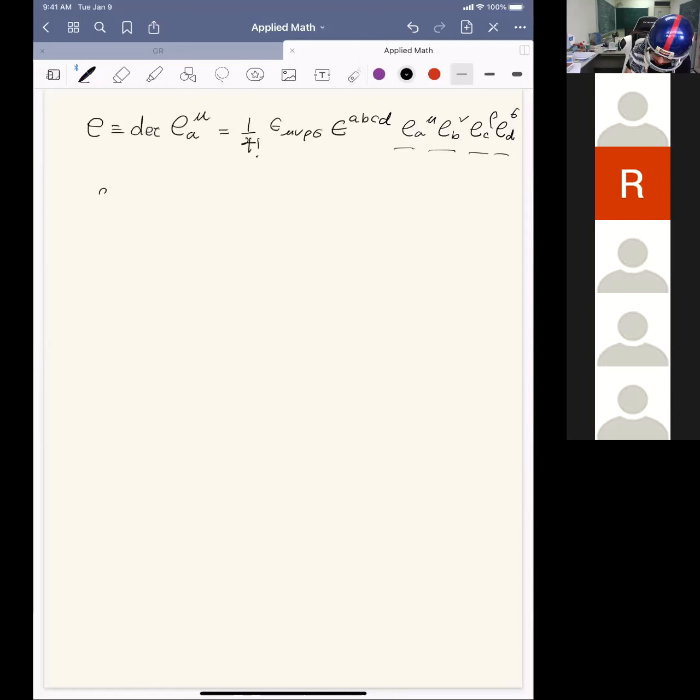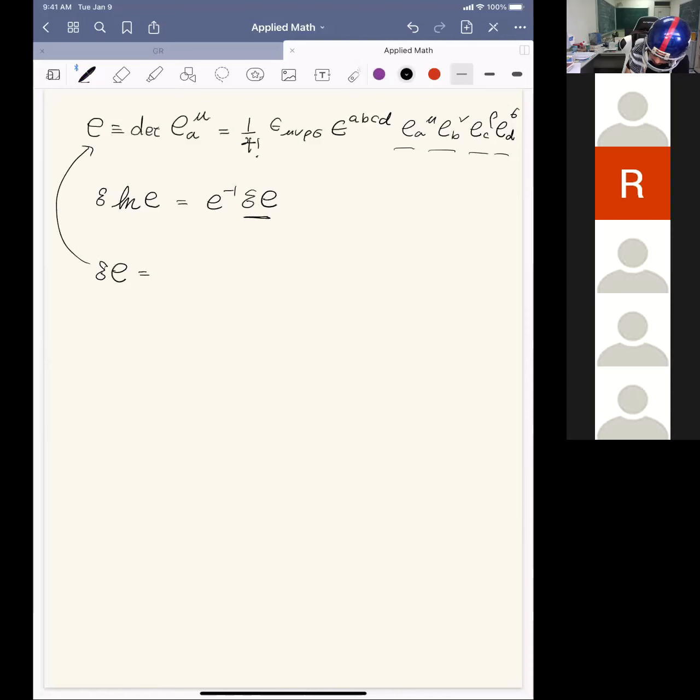Now I'm going to write the variation of E. Of course, this is just going to be written as E inverse times the variation of E, because this is just the variation of log E. So let's see what the variation of the determinant is.